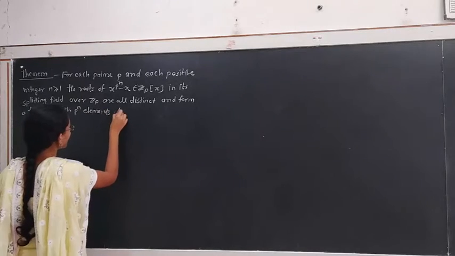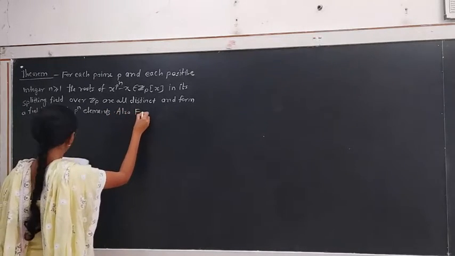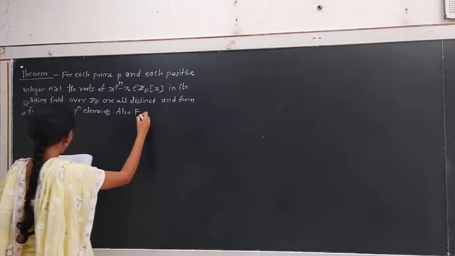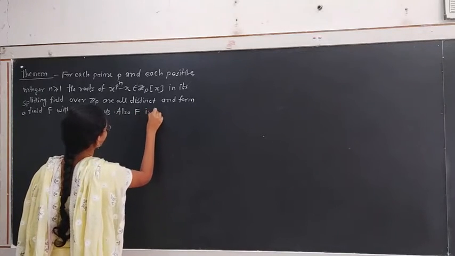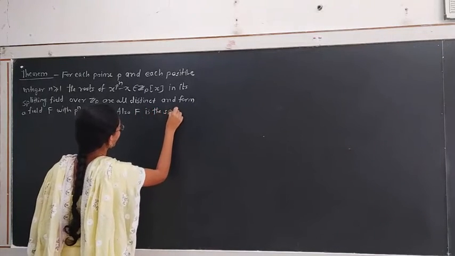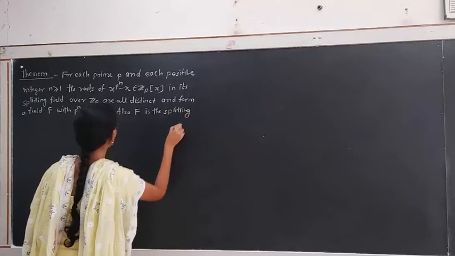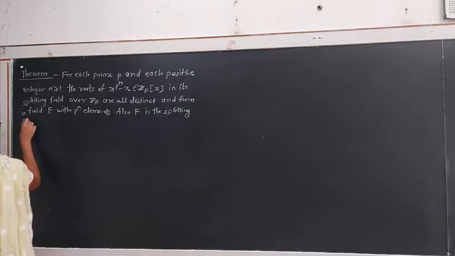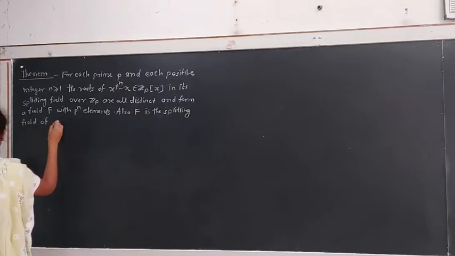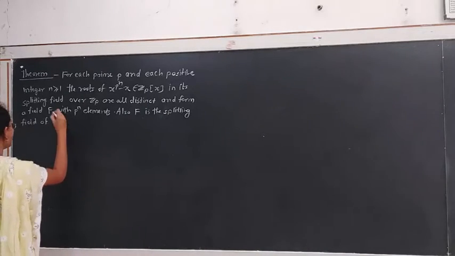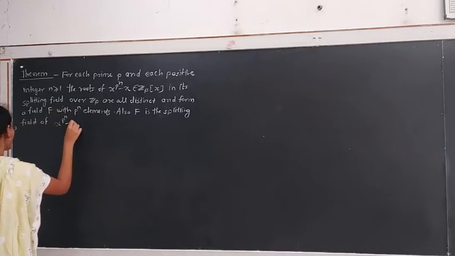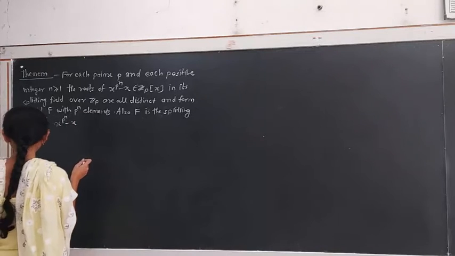Also, F is the splitting field of x raised to p raised to n minus x over Zp.